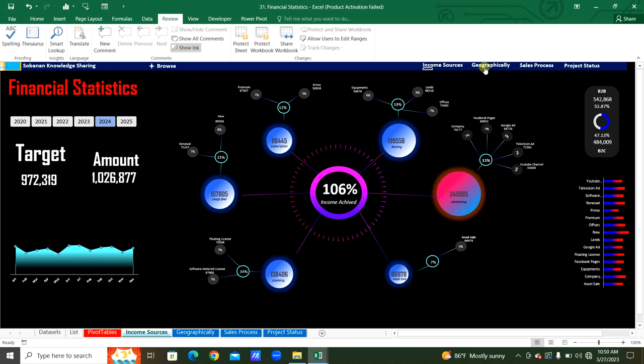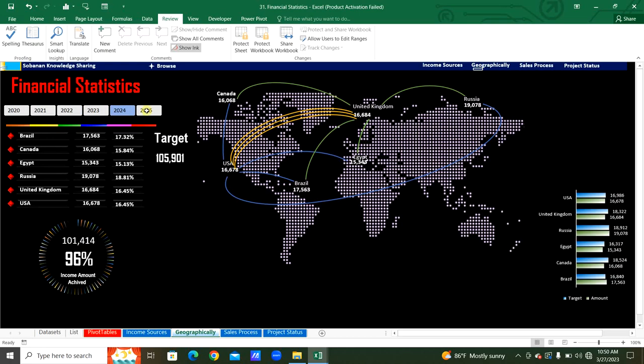Then the next sheet is geographically, year wise geographical income. A few countries are here in the world map, and how much business has been done and the percentage here in this table. And in this donut chart, we can see in 2020 105% income amount achieved, in 2023 90% achieved.